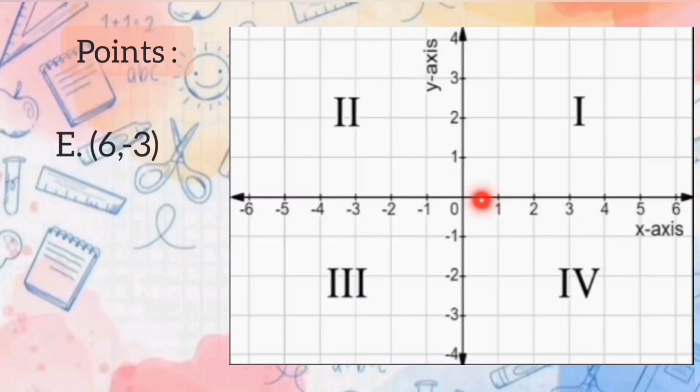So now, we will plot our point P. Our abscissa is 6, so we will move 6 units to the right. And our ordinate is negative 3, so we will move 3 units down. Our point is located in quadrant 4.